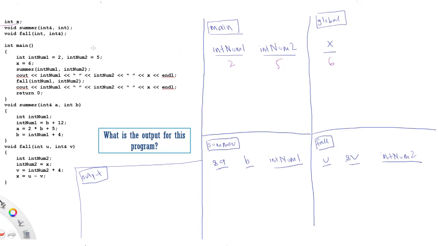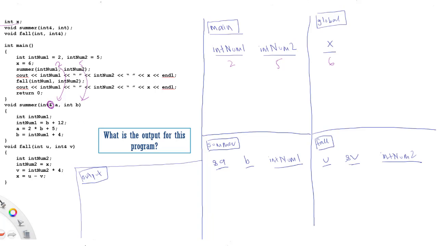So int num1 we have 2, int num2 we have 5, right? So this relates to this, which is a. So this relates to this relates to this. So int a, we know that if you take a look here, we have an ampersand, so this is a reference parameter.